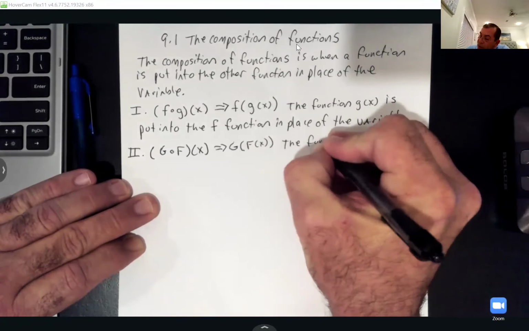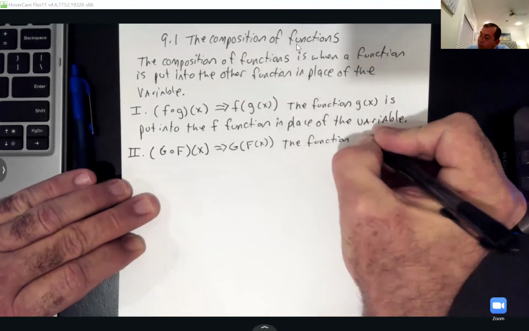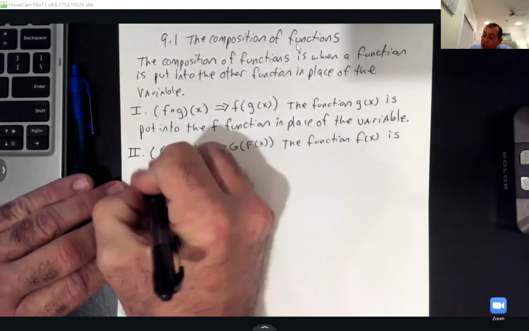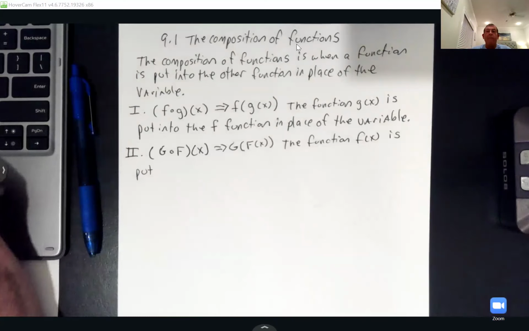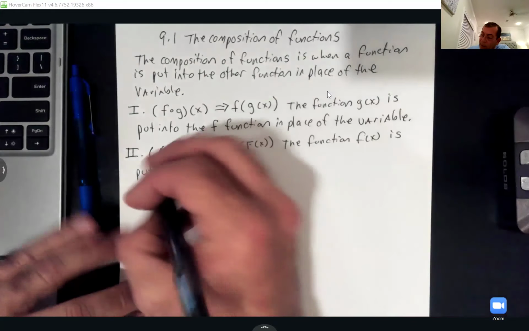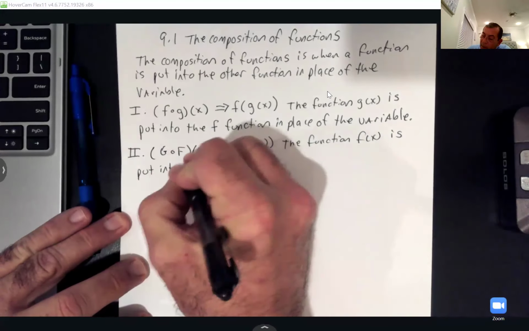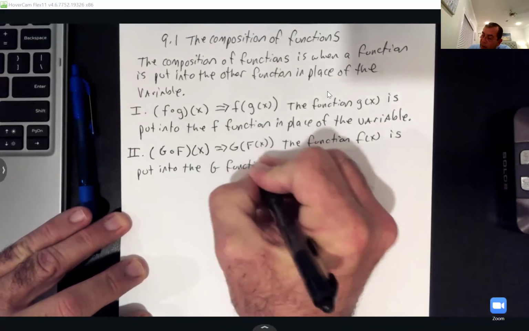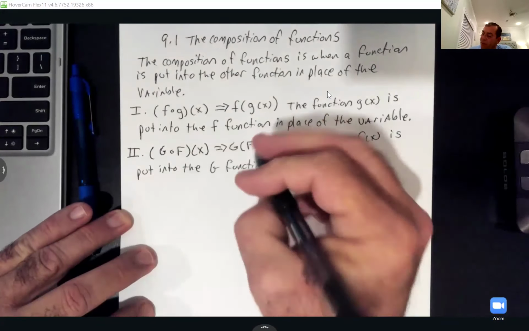So the function f of x is put into the g function in place of the variable.